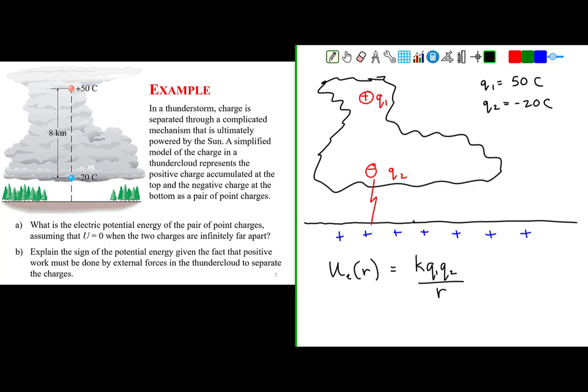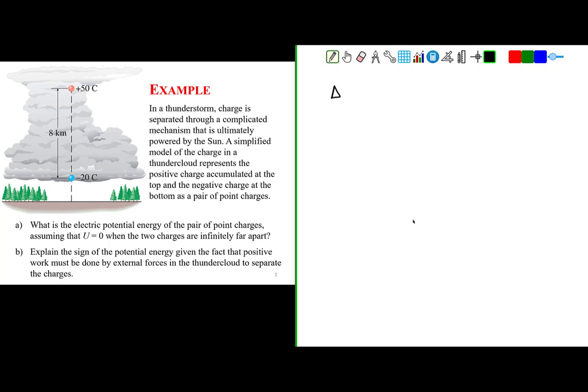But this definition only applies if we have the condition that the electric potential energy infinitely far away is equal to 0. Potential energy is really defined as a change of potential energy between two points, given as minus the work done by a conservative force in displacing an object between two points.